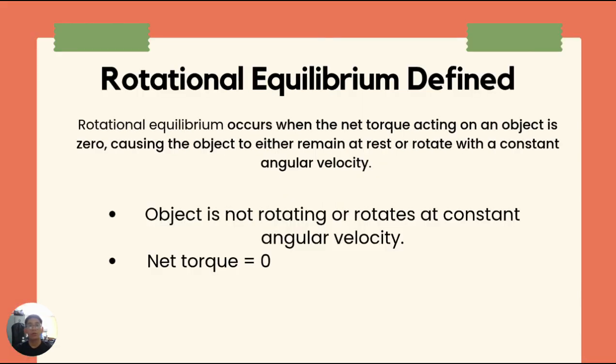Rotational equilibrium is defined when the net torque acting on an object is zero, causing the object to either remain at rest or rotate with a constant angular velocity. That means the net torque is zero. That's when they reach equilibrium.